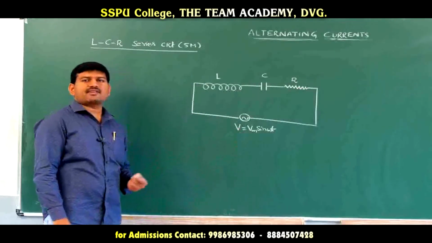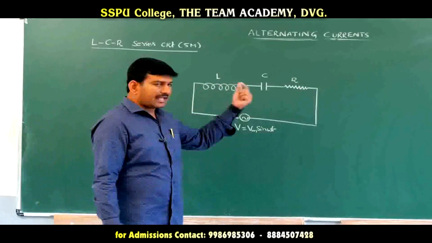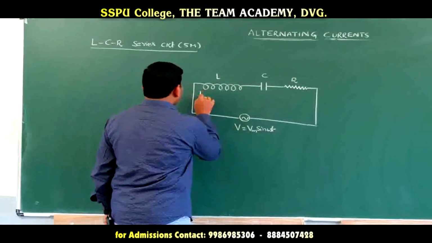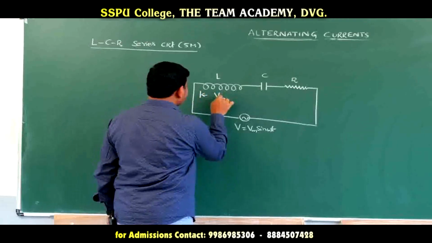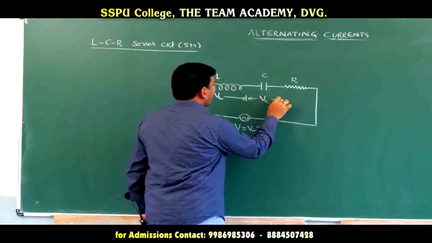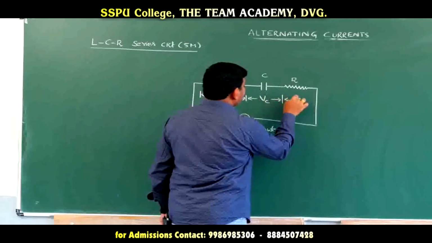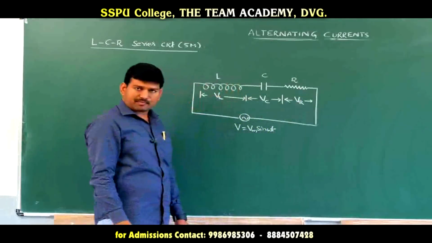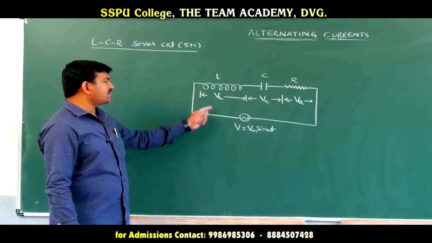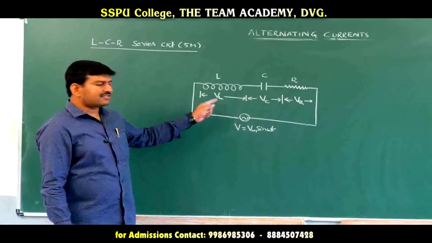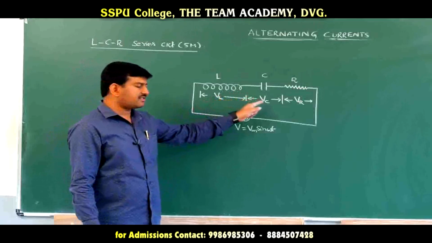This applied voltage will be dropped across the inductor, capacitor as well as the resistor. Let me take the voltage drop across the inductor as V suffix L, the voltage drop across the capacitor as V suffix C, and the voltage drop across the resistor as V suffix R. If you go with the phasor kind of representation, we are taking VL, VC and VR as phasors, in vector notation.